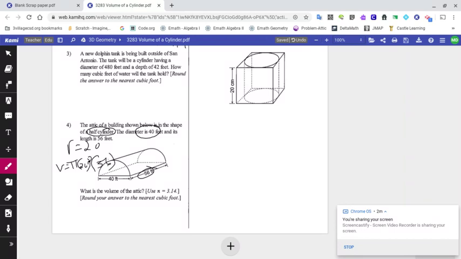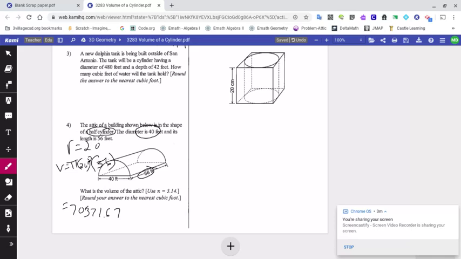That number is 70,371.67. But since it's a half cylinder, we have to take that number and divide it by 2.